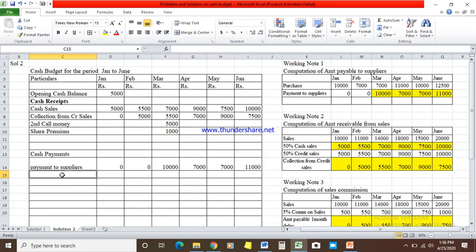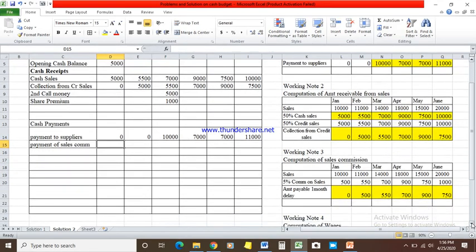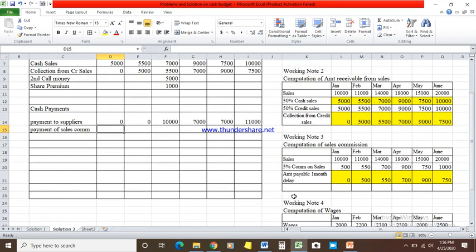This is on account of payment to suppliers. Next is commission. Payment of sales commission. So again 0, then 500, 550, 700, 900, 750.